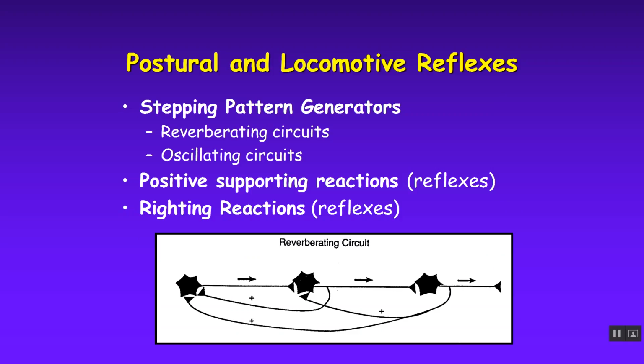So, some more complex types of reflexes. These are the postural and locomotive reflexes. We do have some basic stepping pattern generators in the spinal cord. When I send a signal, typically from my brainstem or cerebrum, you're sending pulses of information down to these stepping pattern generators just to keep them going. And once they get going, they tend to keep going.